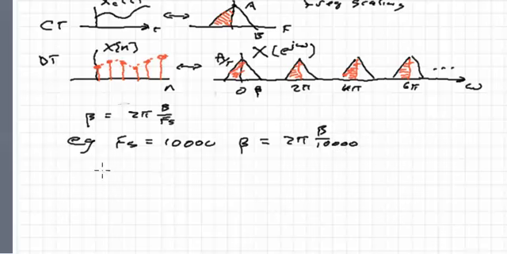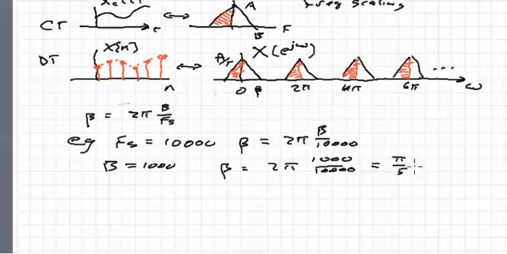For example, if B is say 1,000, then beta is equal to 2π times 1,000 over 10,000, which is π over 5 radians per sample.